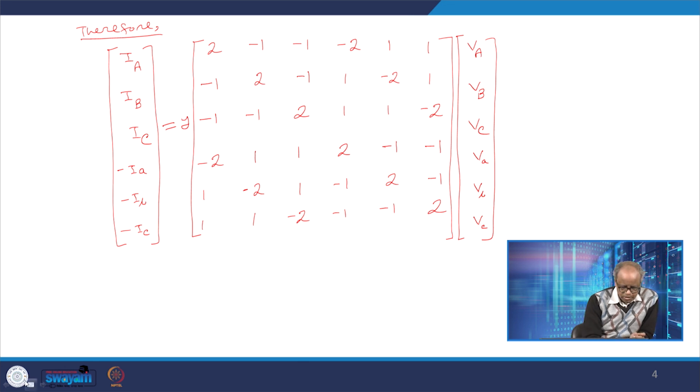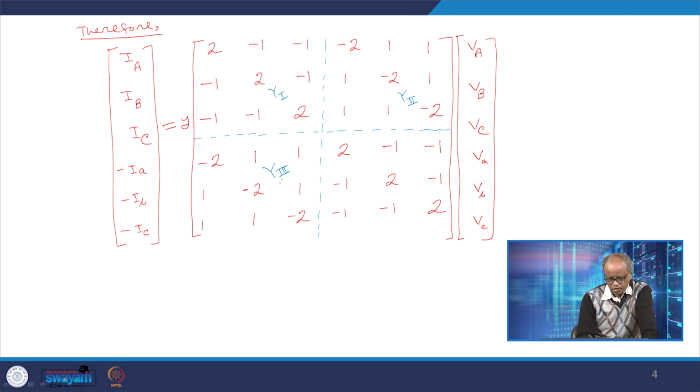If we do partition, this is y1, 2, 3, 4.